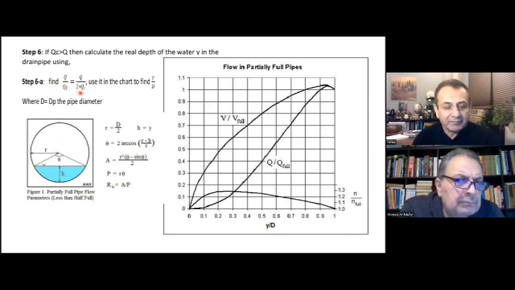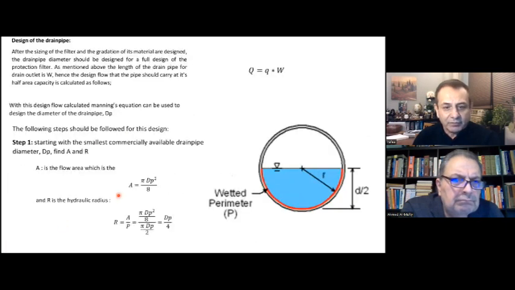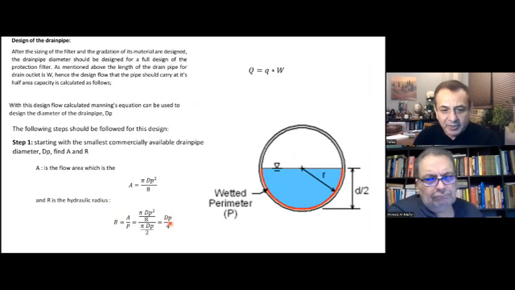So the step here, we should find Q over Q full. Now remember, we calculated QC based on half of the pipe. Now, this diagram is based on a full flow. So the Q full is 2 QC. We don't need to recalculate. Why? Because for the full flow, I'm going to get back to explain this. For a full flow, the hydraulic radius will be the same because the area will be multiplied by 2 and the wetted perimeter will be multiplied by 2.